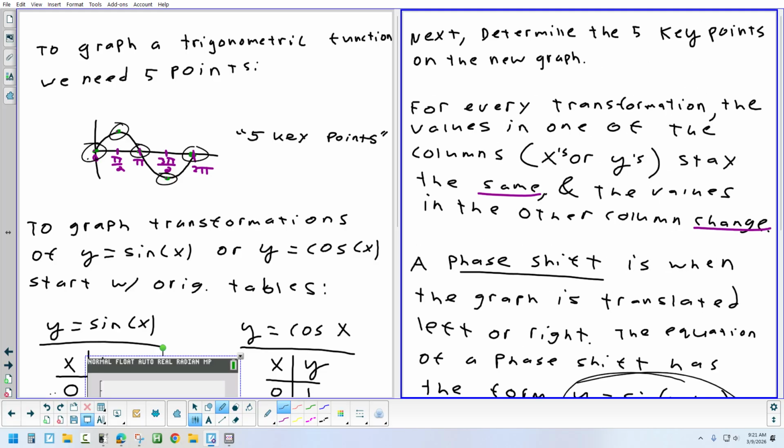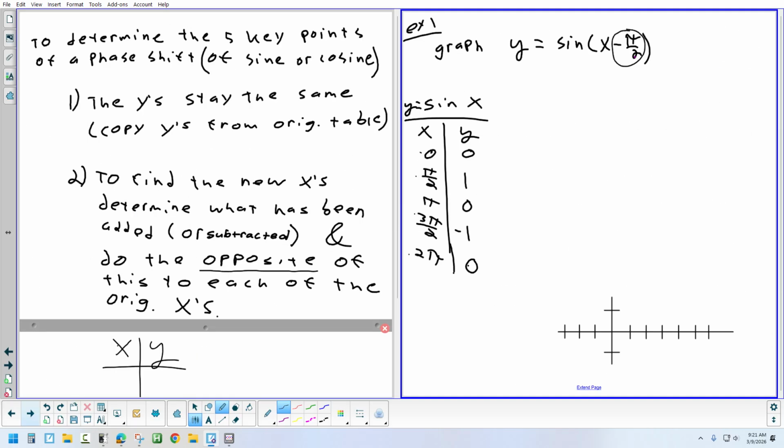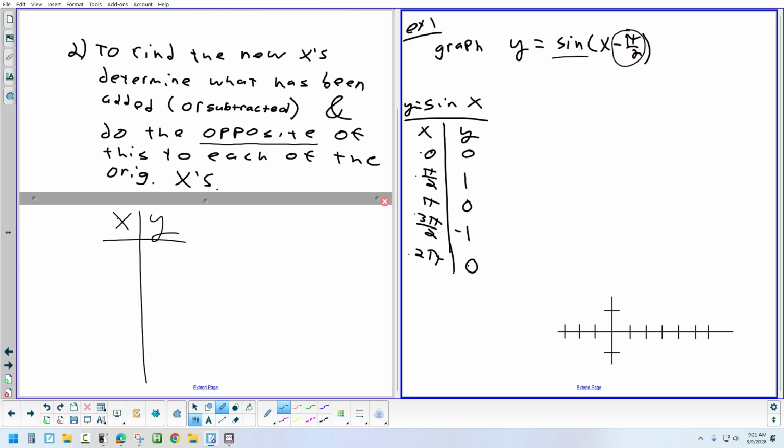Adding and subtracting inside the parentheses. And what column is going to stay the same when we do a phase shift? Y. Y is going to stay the same. We're doing a sine problem. So what are going to be my y values when I make my final table?